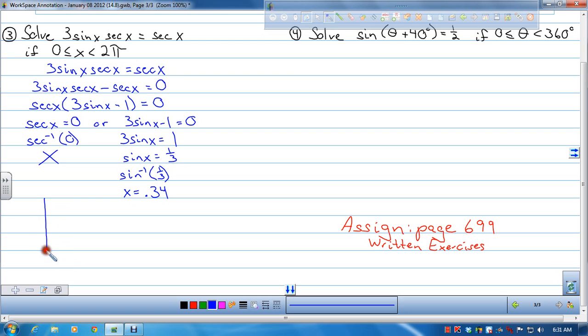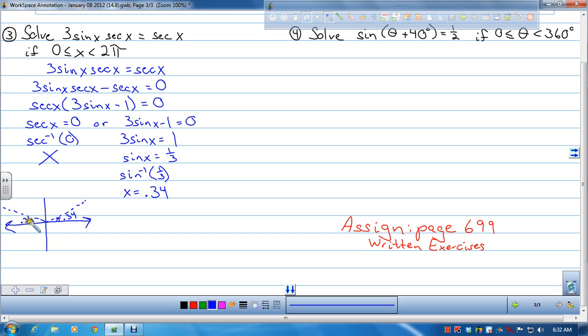Remember, if sine is positive, it is going to be in the first quadrant, so 0.34, or the second quadrant, because remember the sine is our y values. So all of our y values are positive in the first and second quadrant.